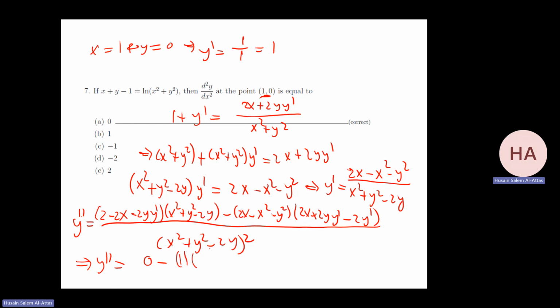Minus 2, 2 minus 2, that is 0, over 1 plus 0 minus 2. So 1 minus 2 is minus 1 over 1. And the answer is 0. Yeah, the calculation seems to be difficult, but it's not.